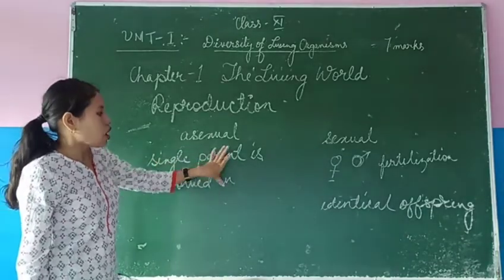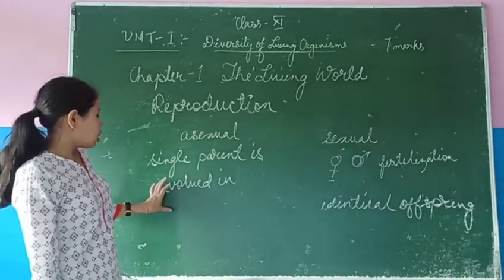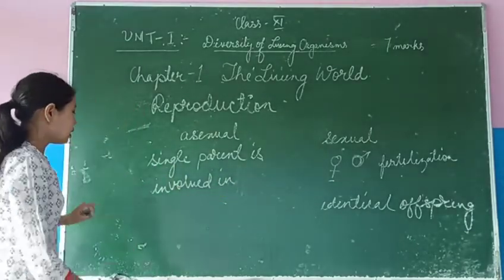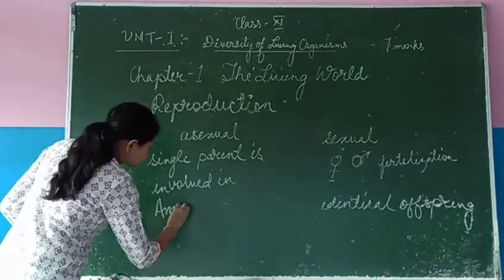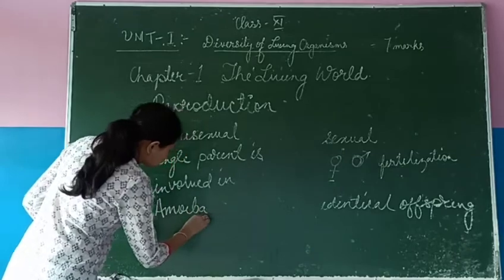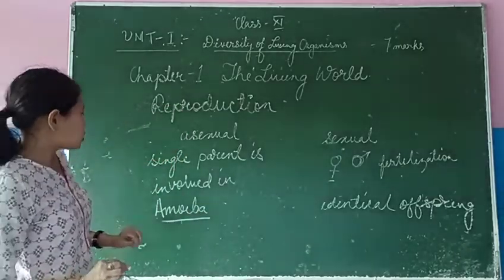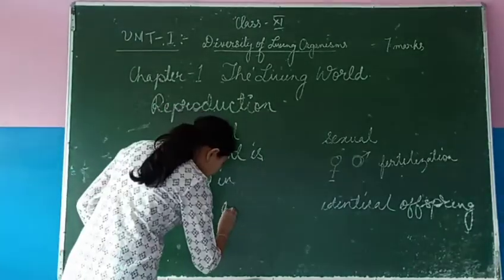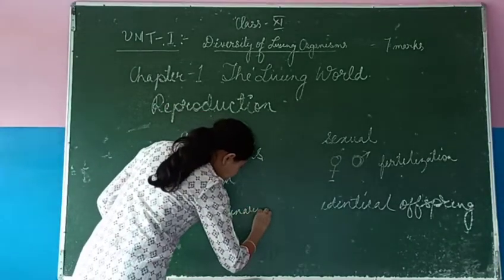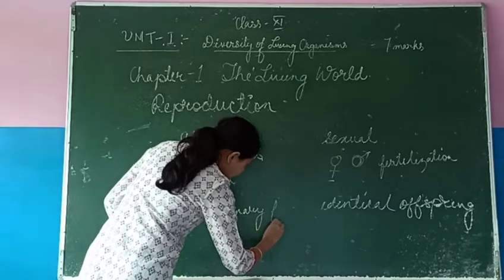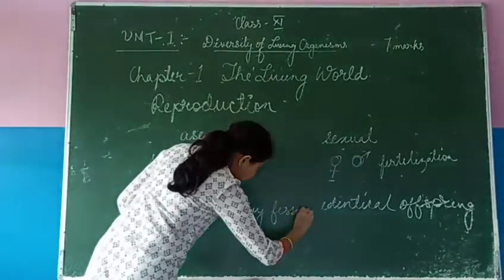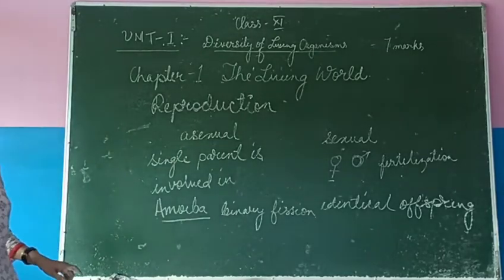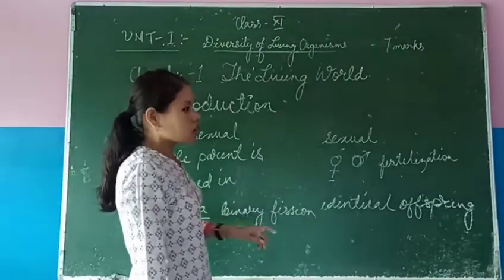Asexual reproduction has many types. In unicellular organisms like amoeba, the asexual reproduction we see is called binary fission. In amoeba, the cell division itself is the reproduction.